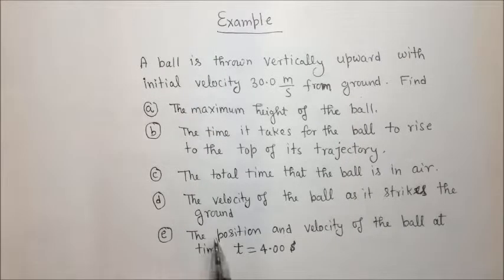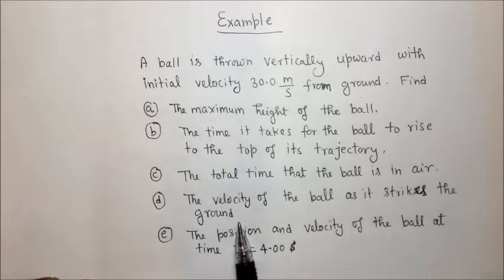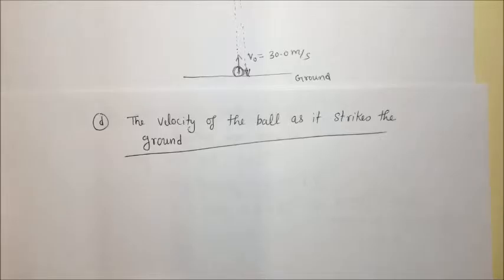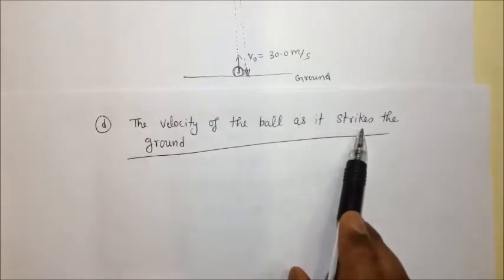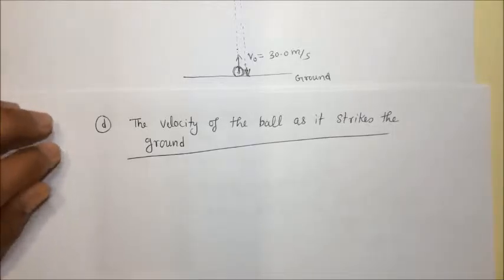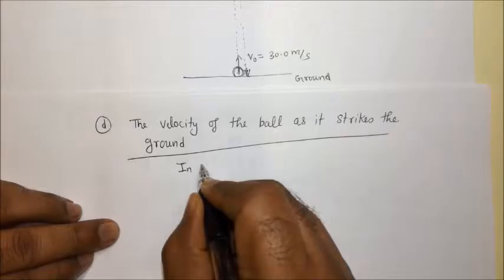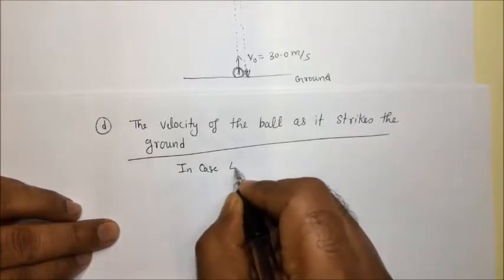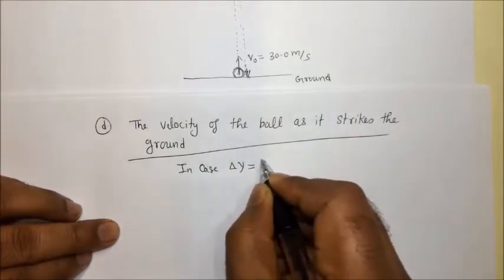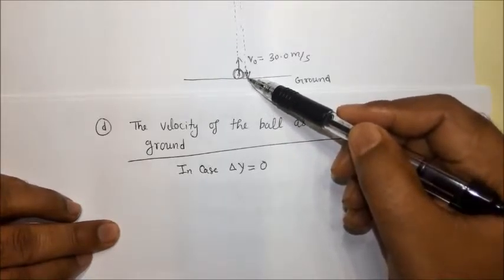Let's do the D part of the problem. The velocity of the ball as it strikes the ground. We are looking for this. Again, in this case, delta y is equal to 0 because the starting point is the ground and it is coming back to the ground.